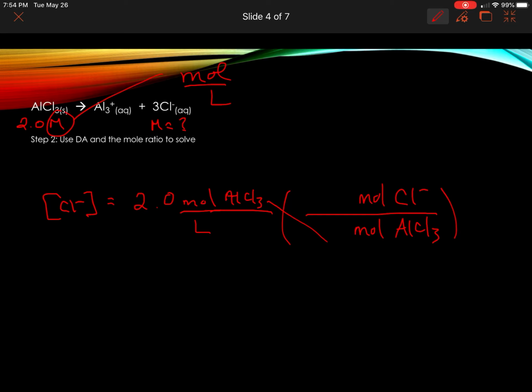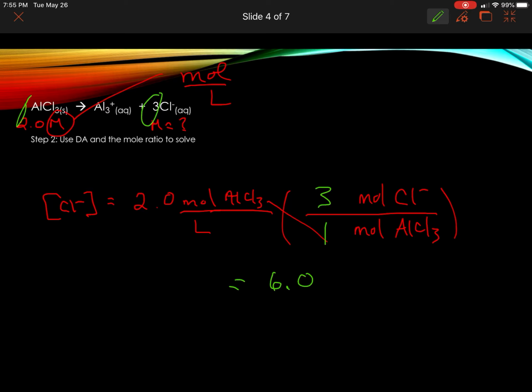So now, what is the ratio between chlorine ions and aluminum chloride? I look back to my balanced equation here, and it's 3 to 1, right? So I'm going to have a 3 to 1 there. Then I can just work it out. And of course, 3 times 2 is 6.0.